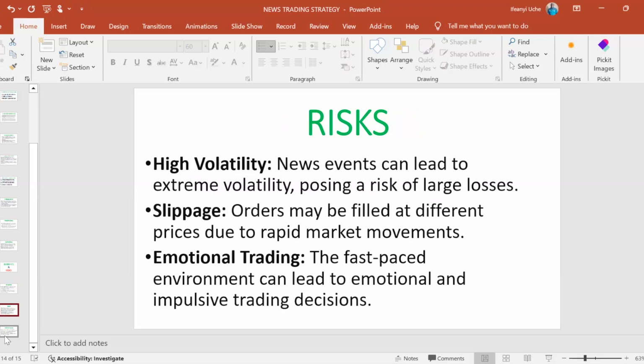And of course, the fast-paced environment in the market during news releases can lead to emotional trading. It can lead to impulsive trading decisions, which is not good for you as a trader. So that's why you must prepare, have a solid plan, and then stick to that plan, no matter what happens.